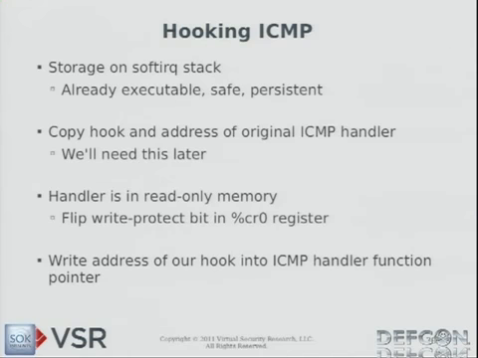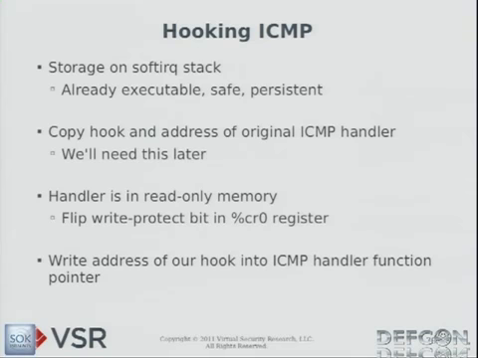And then we want to actually install a hook so that execution will be redirected to it. First, we notice that the handler that I want to overwrite is in read-only memory, which is sort of a pain. x86 has a nice little way out for this. Control register 0 has a bit called the write protect bit, and if you flip this bit, then you can essentially write into read-only memory with no problem, which comes in handy. So what we do is we flip this bit. Now we can write into read-only memory.